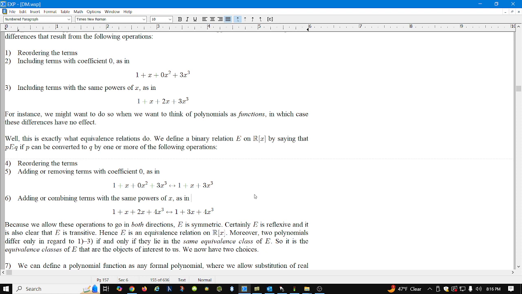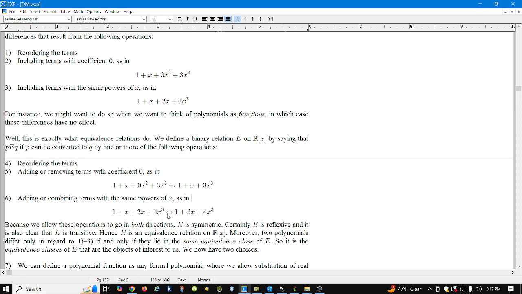And notice that I have deliberately used wording, adding or removing, adding or combining, so that these go in both directions. Because the operations can go in either direction, that's why I use double arrows here, this relation is symmetric. If you can convert P into Q, you can convert Q into P.